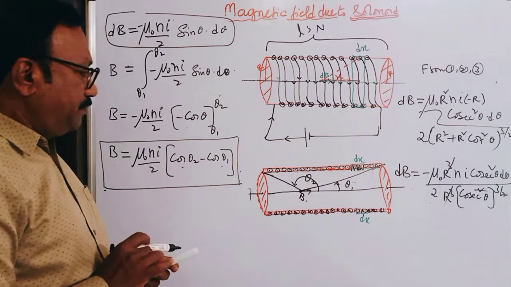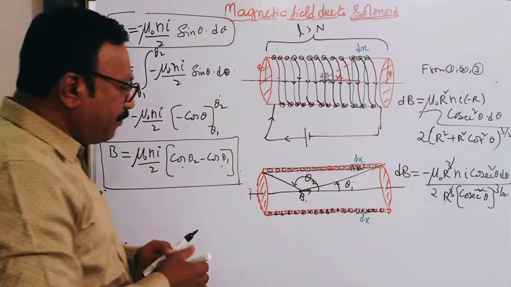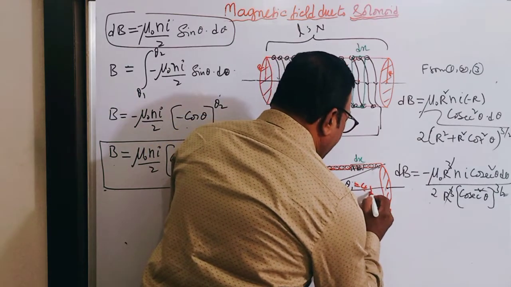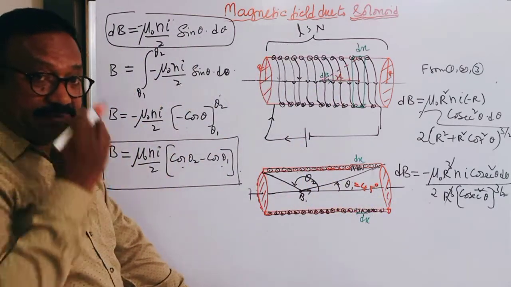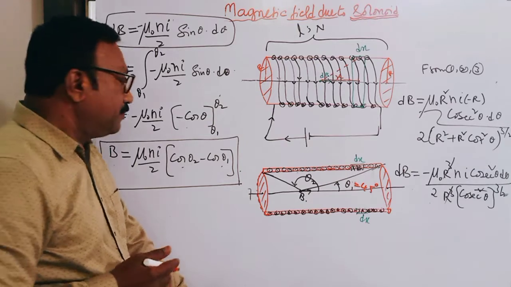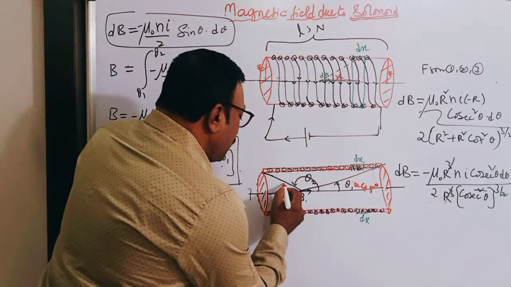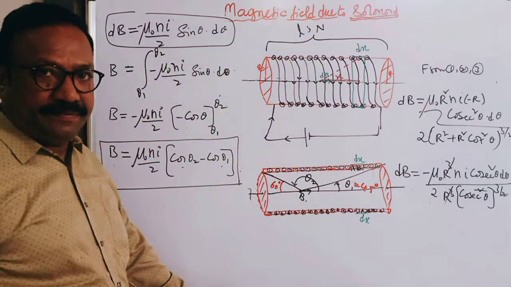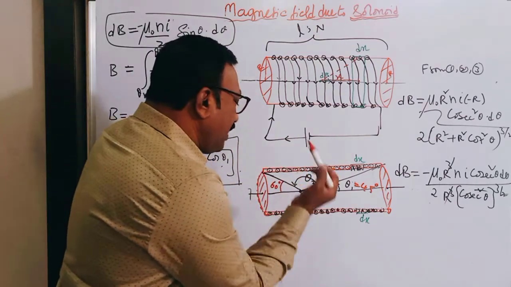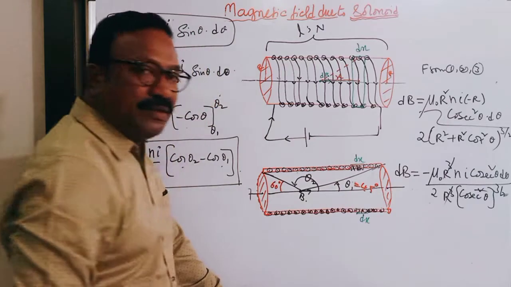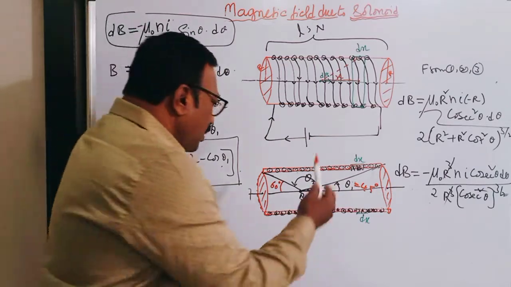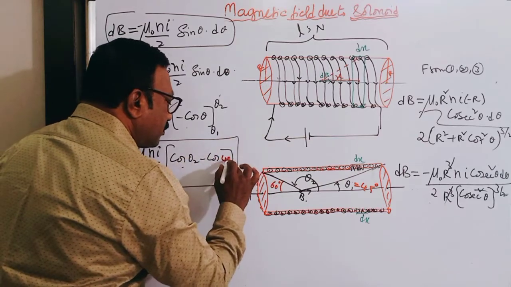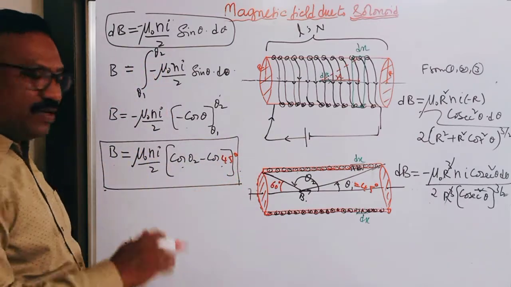For example, if this theta 1 is 30 degrees, or say 45 degrees, I'll take 45 degrees. Say some problem is given like that, but instead of giving theta 2, suppose he has given this angle as 60 degrees. How will you calculate the magnetic field at this point on the axis of this non-ideal solenoid? Substitute theta 1 as 45 degrees, no doubt, you know that value.